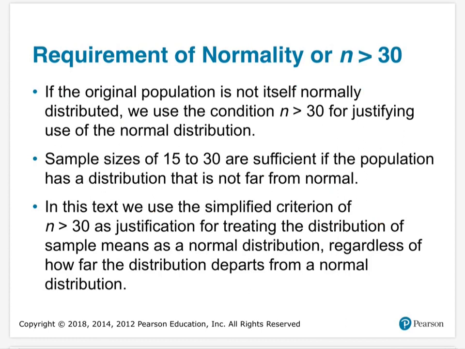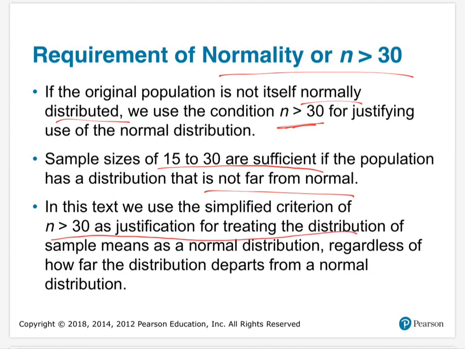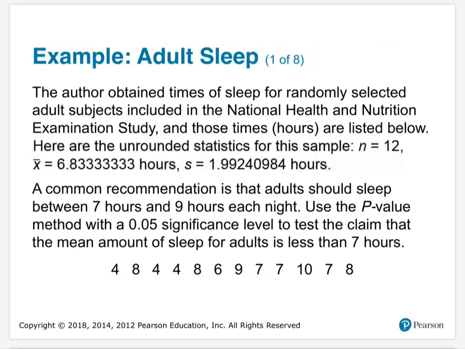If the original population is not itself normally distributed, then you have to have n greater than 30. Sample sizes 15 to 30 are good enough if it's not far from normal, and n greater than 30 is justification for the sample means having a normal distribution, regardless of how far the population departs. So that is good enough. But we don't go into a lot of those details.